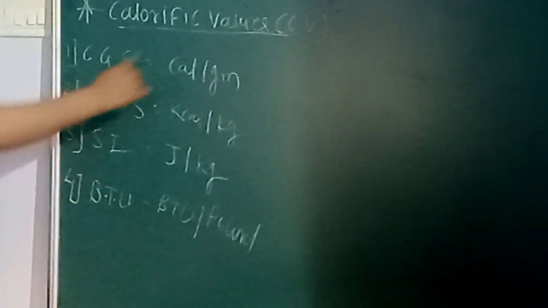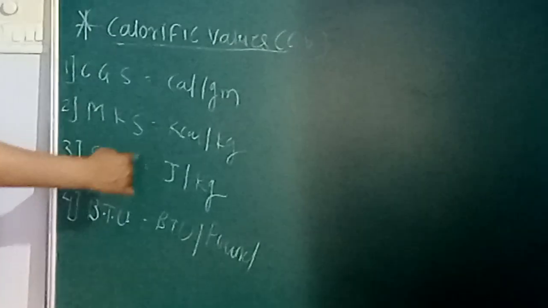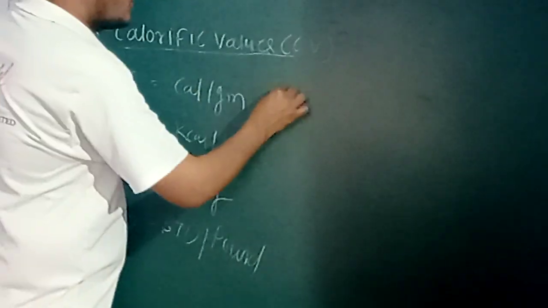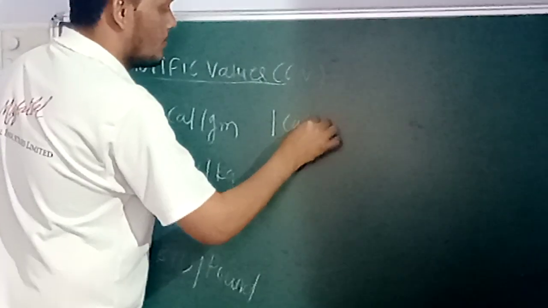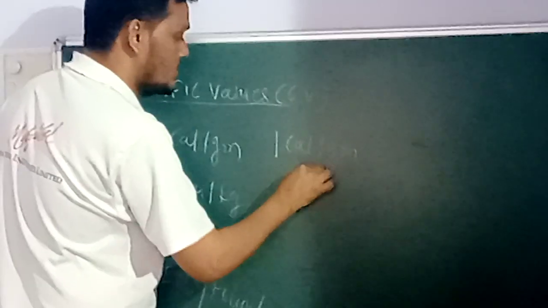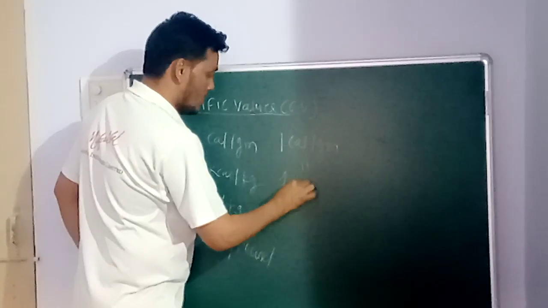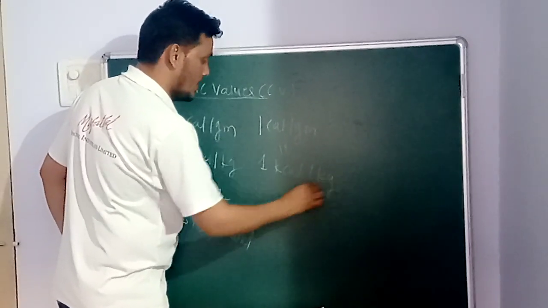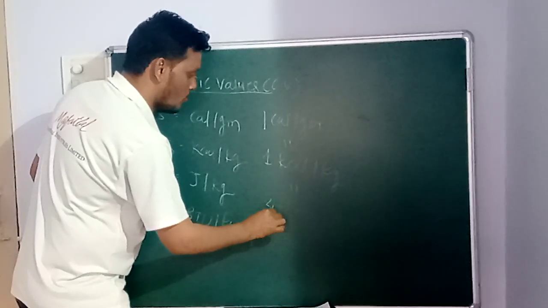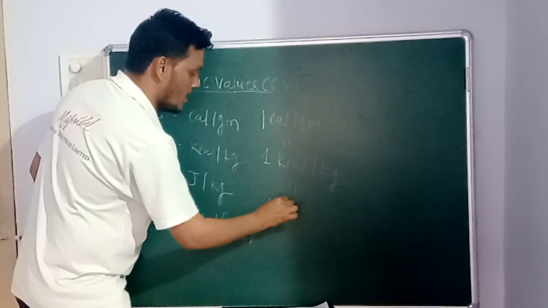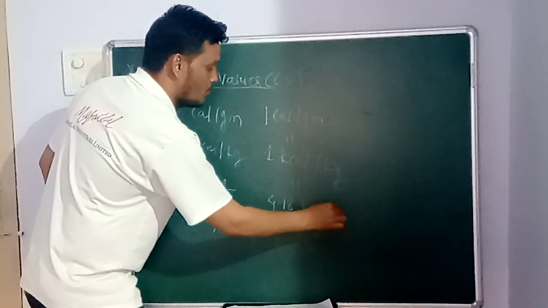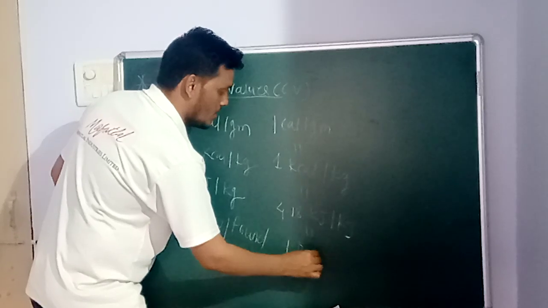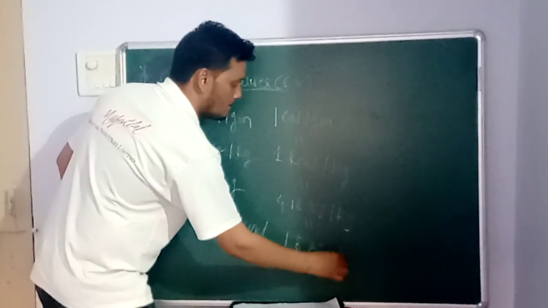So this is the way to express the calorific value. In general, 1 calorie per gram is equal to 1 kilocalorie per kilogram, which is equal to 4.18 kilojoules per kg, which is equal to 1.8 BTU per pound.